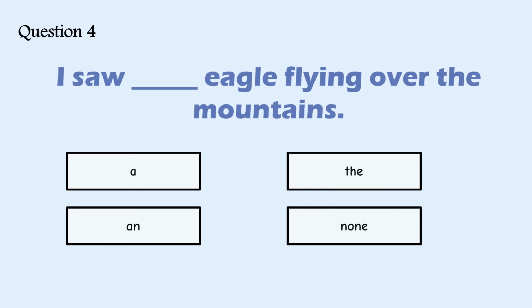Question 4. I saw dash eagle flying over the mountains. The correct option is an. I saw an eagle flying over the mountains.